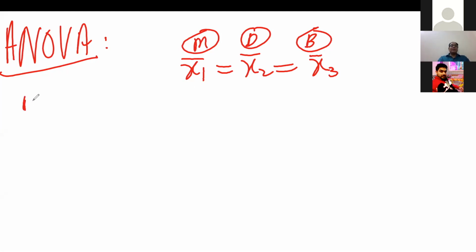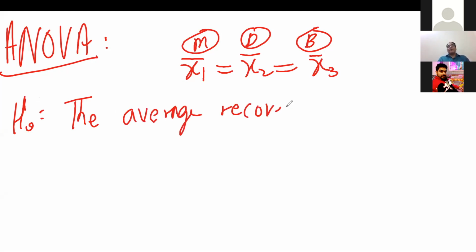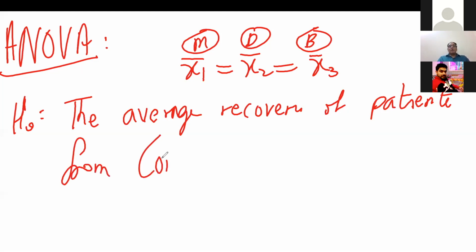So my null hypothesis will be: the average recovery of patients from corona is the same. I explained how hypothesis can be designed in all the five cases.